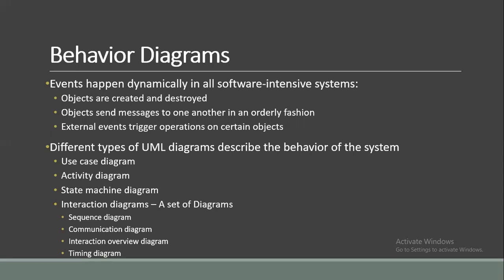So the behavior diagrams focus on the design of object creation, destruction, different object messages, etc. Right? So we have different sets of UML diagrams which are able to describe the behavior of the system.